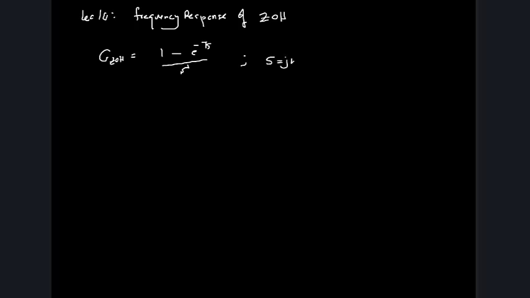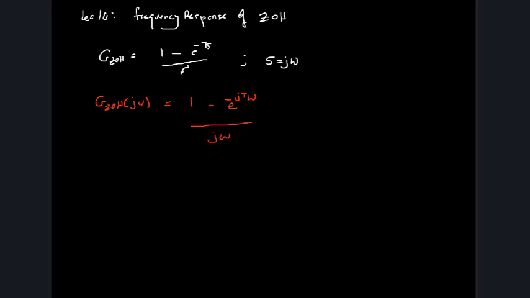If I do so, the transfer function in the frequency domain for the zero order hold can be written as (1 minus exponential of minus j T omega) over j omega.